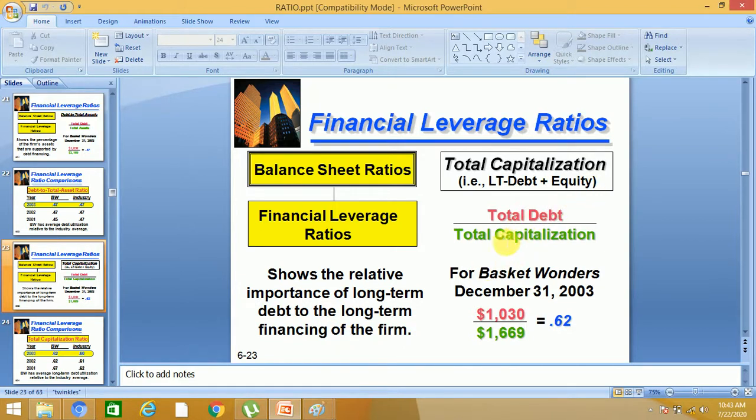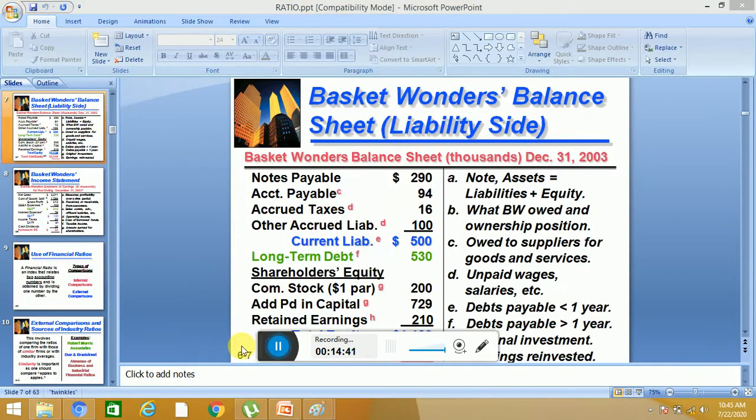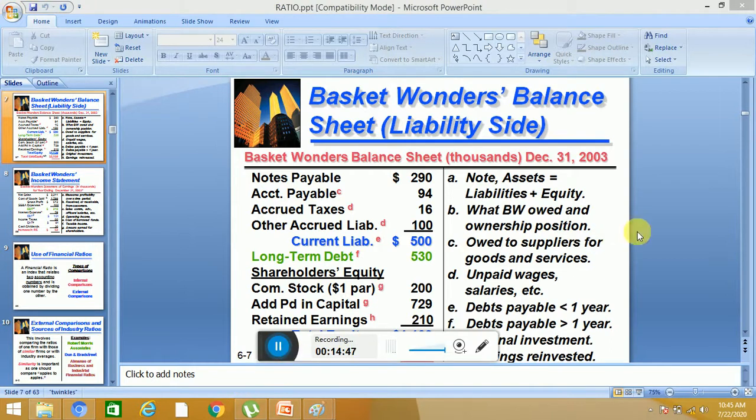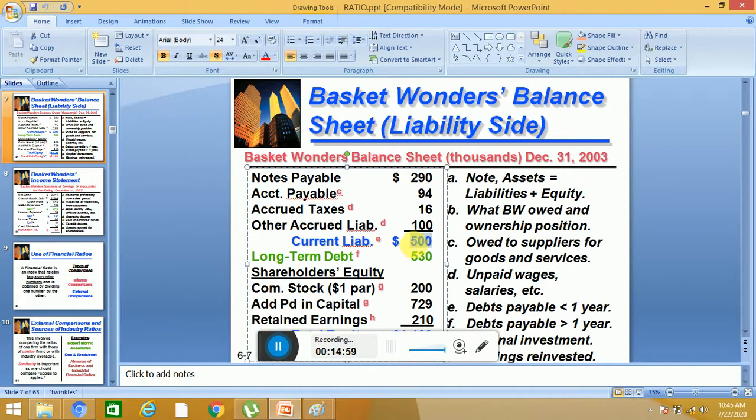What is the formula of total capitalization? It is equal to total debt divided by total capital. Now our total debt we calculated, it is 1030, and our total capital, just a minute. Now look at this balance sheet. This is total debt, 500, 530, but we are not taking current liabilities.